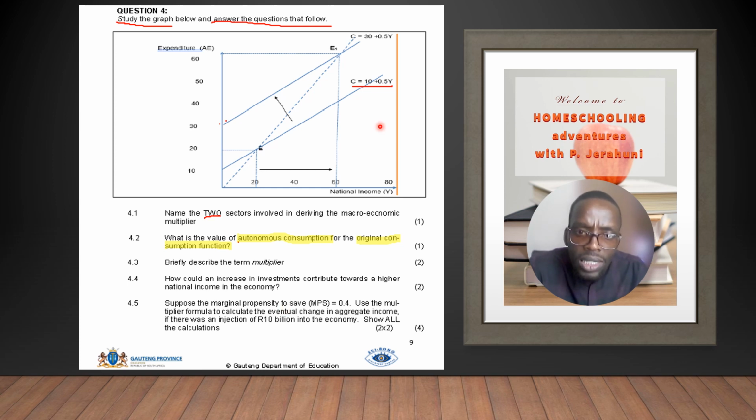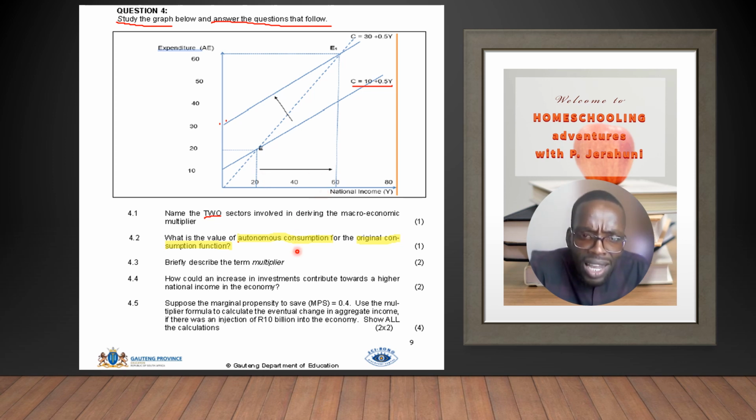We are looking at the original consumption function. What learners needed to do was identify the original consumption function, and it is this one here. This one is the second one after the change, because this arrow indicates that it changed from the left to the right. Even this arrow indicates that it shifted from this side to that side.